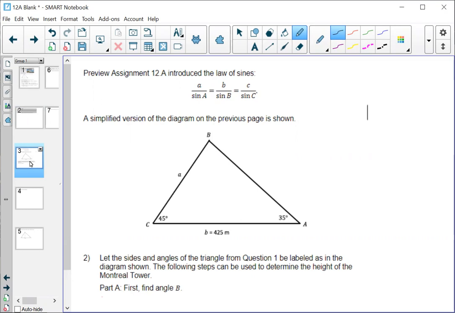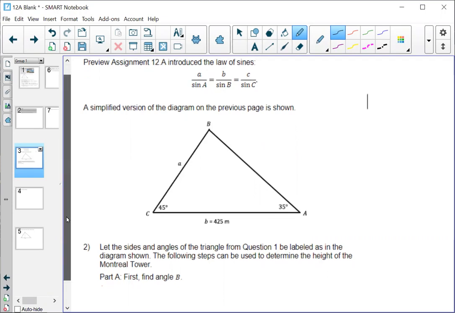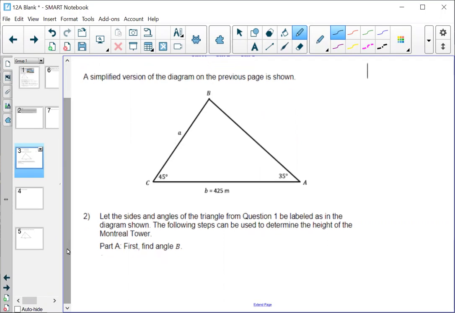Part 2, it says, let the sides and angles of the triangle from question 1 be labeled as in the diagram shown. The following steps can be used to determine the height of the Montreal Tower. Part A says, first, find angle B. Let me scroll up a little bit here. Well, that's going to be pretty easy.